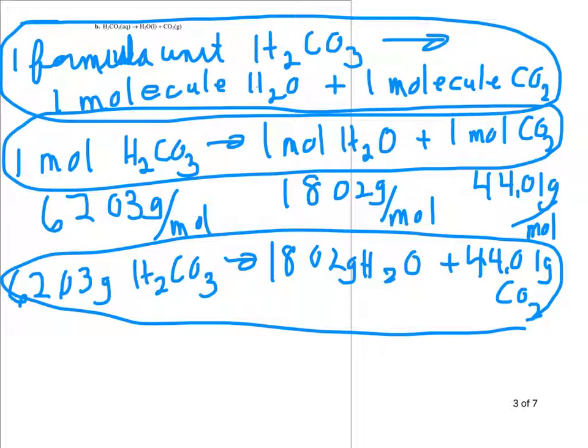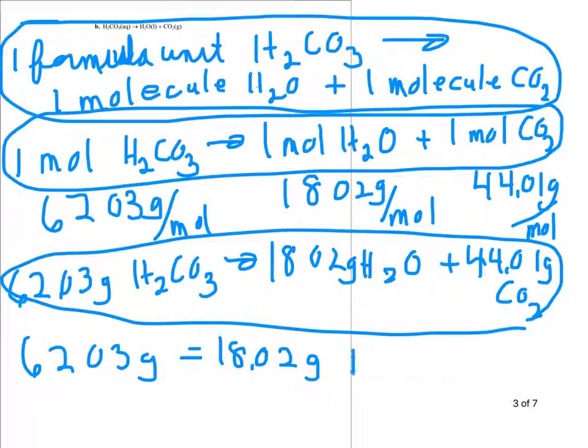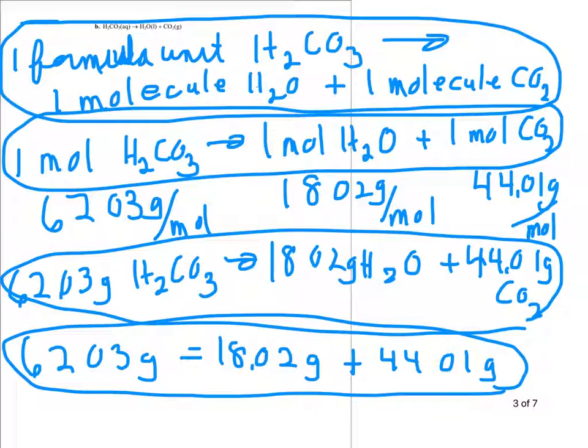And if the law of conservation of mass is always to be obeyed, we should get 62.03 grams equals 18.02 grams plus 44.01 grams, and it does demonstrate the law of conservation of mass to be obeyed.